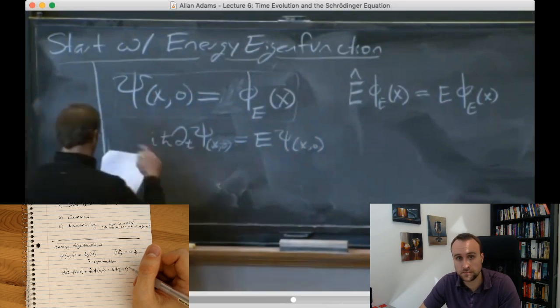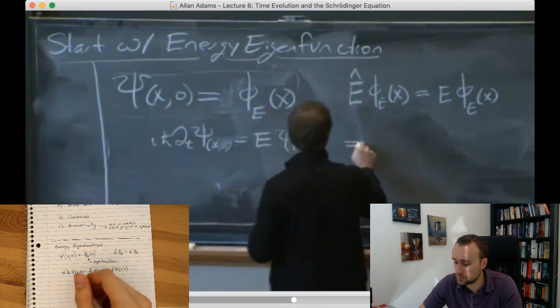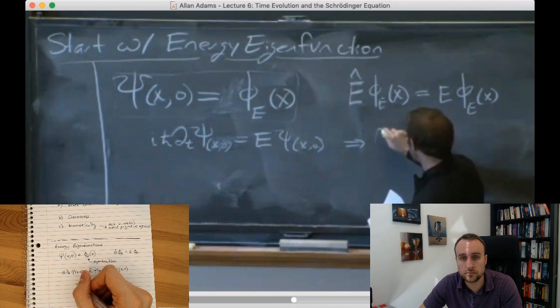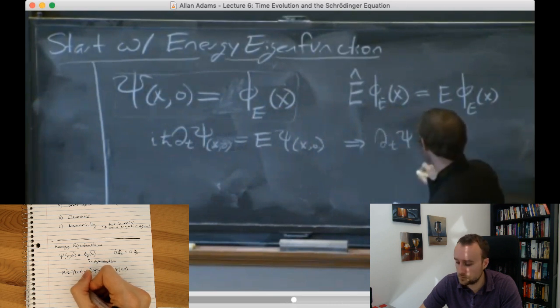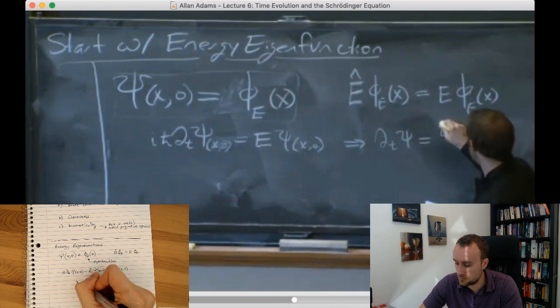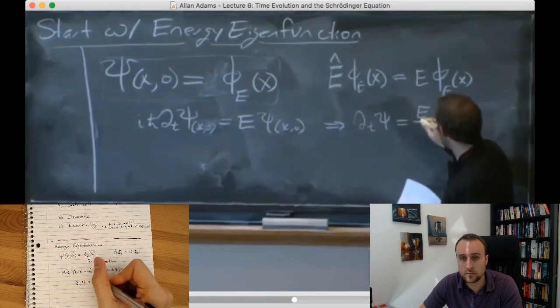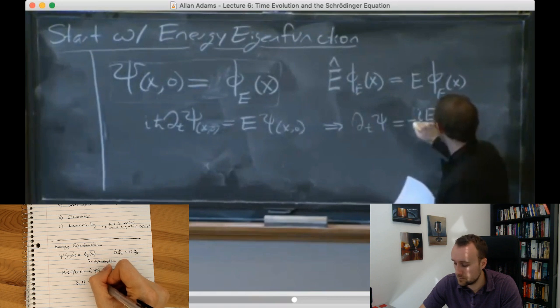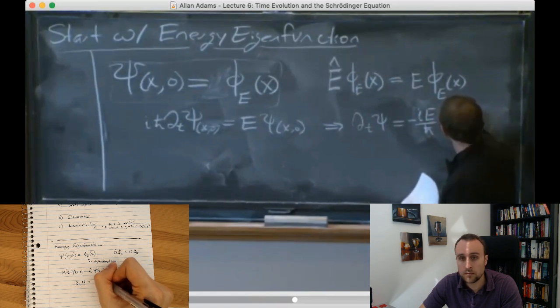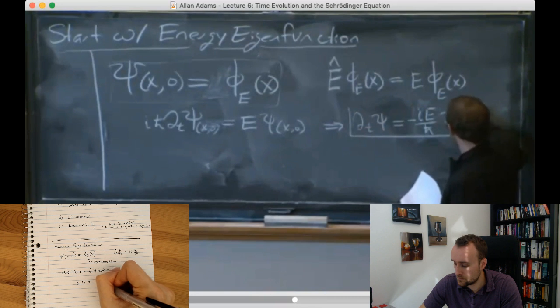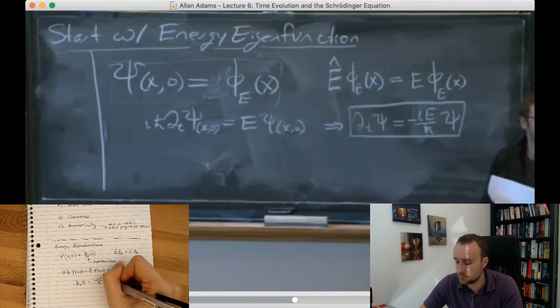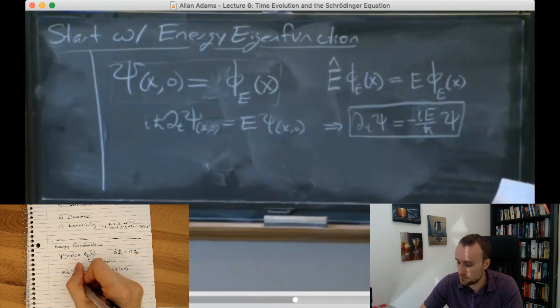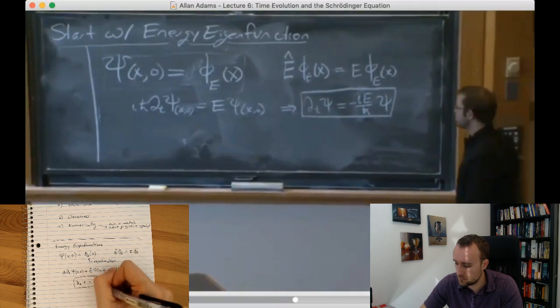So I'm going to write this differential equation slightly differently: the time derivative of psi is equal to E upon i h bar, or minus i E over h bar, times psi. This is the easiest differential equation in the world to solve.